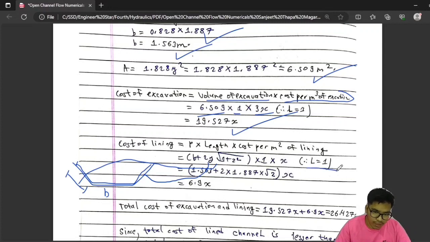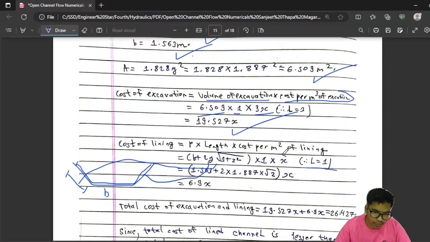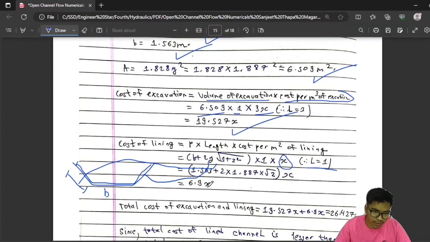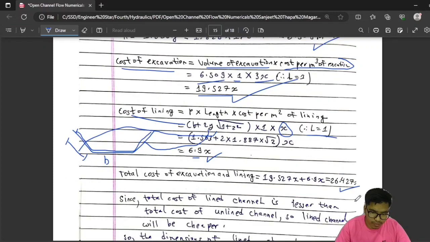Length we assume 1, and cost per meter square of lining we assume x, so cost of lining is this much. Total cost is cost of excavation plus cost of lining, that is 19.527 plus 6.9, that is 26.47, and here is x.